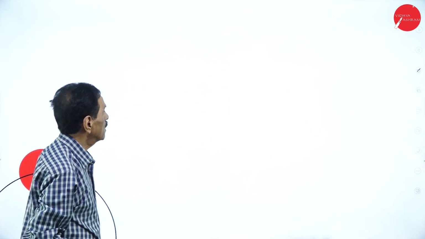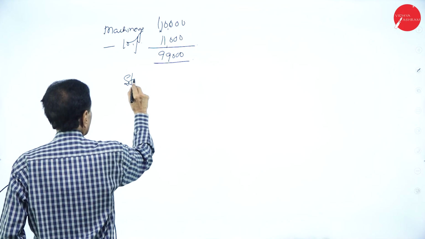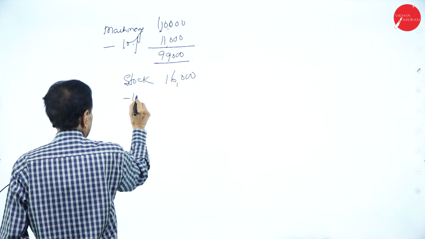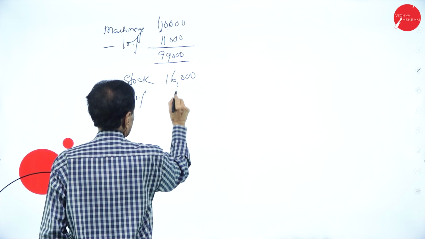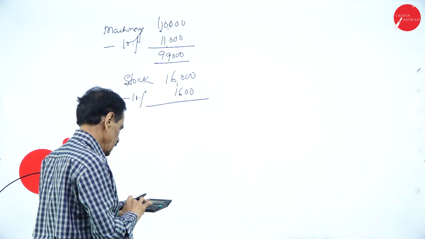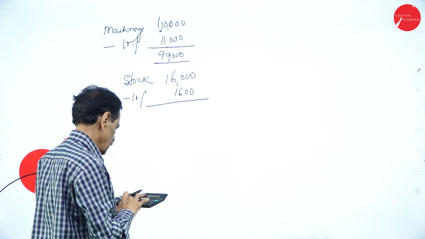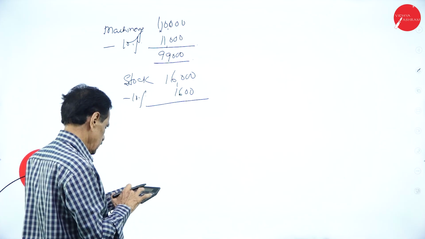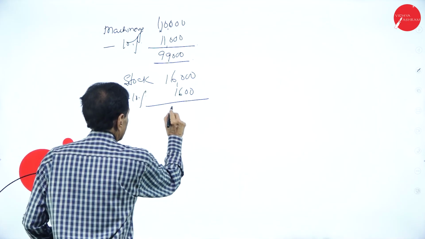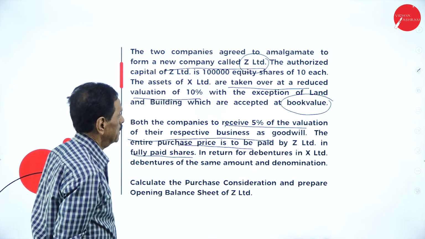Same thing for stock. What is the value of the stock? 16,000, minus 10%. 10% is 1,600. This is 16,000 minus 1,600, which is 14,400. What is the next one?